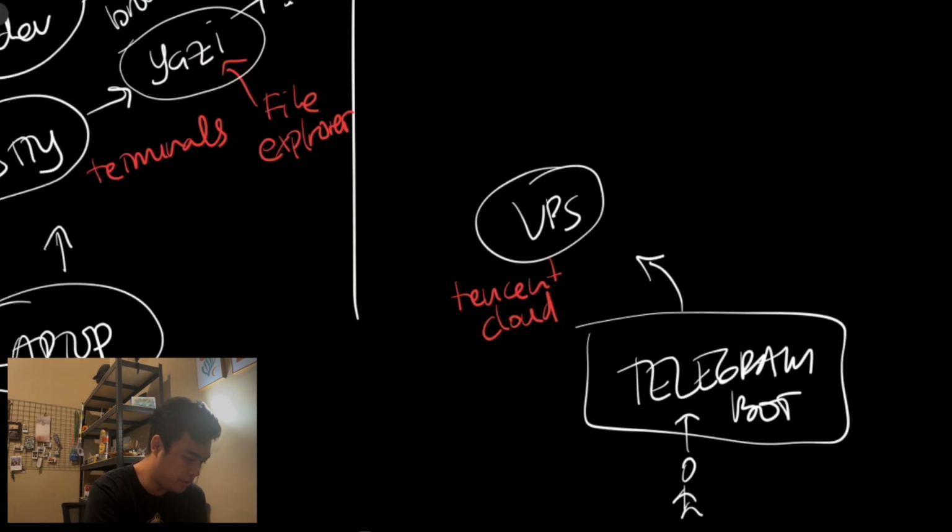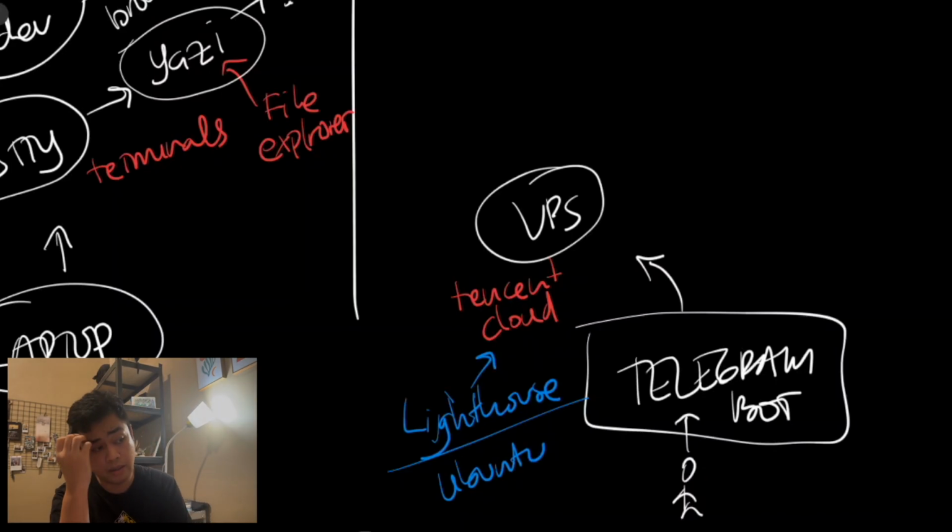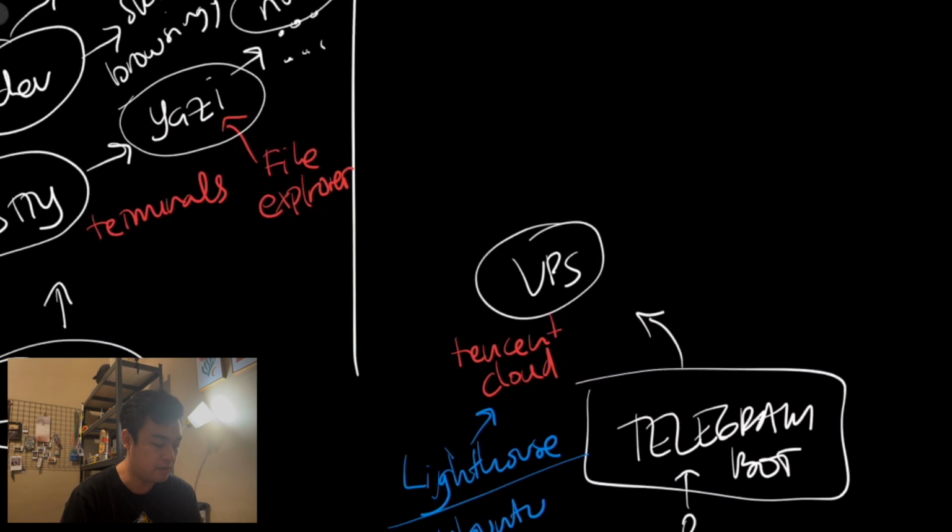So this one is basically Lighthouse, I could say. I don't know what Lighthouse is, but it's similar to Ubuntu. I'm not really sure about that. I don't really understand how they set up the OS on the VPS.